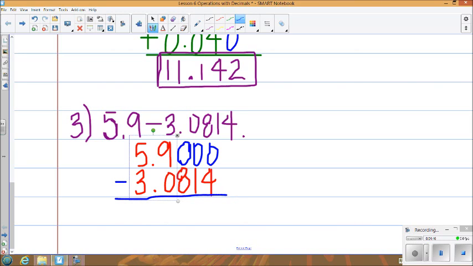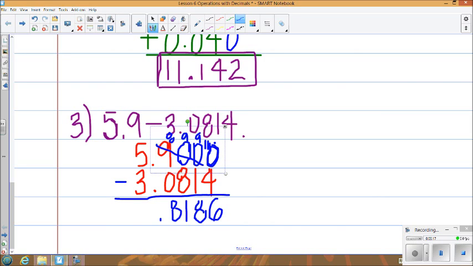So what I'm going to do when I go to subtract, this is actually going to become 899, and then the 1's going to go over here. So I have 10 minus 4 becomes 6. 9 minus 1, 8. 9 minus 8 is 1. 8 minus 0 is 8.